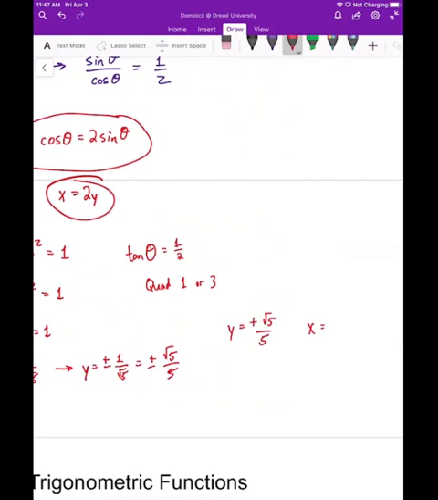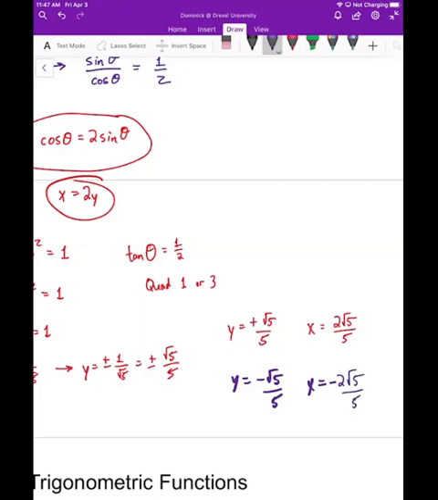So then this means that, remember, x is 2 times y, so we're going to get 2 square root of 5 over 5. And of course, the other option is that you have y is equal to minus square root of 5 over 5, which would then make x minus 2 square root of 5 over 5.